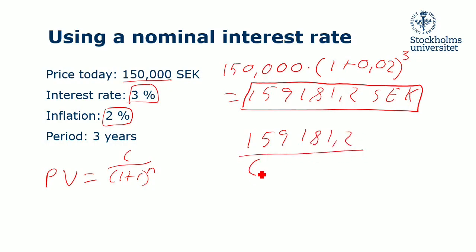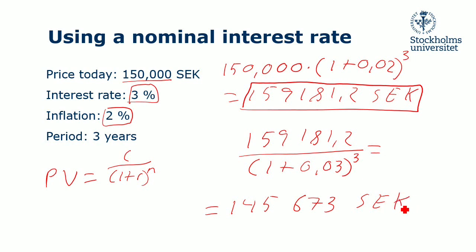And we divide it by 1 plus the interest rate, 3% in the bank, to the power of the number of years. Okay? If we enter this into our calculators, we find that this is equal to 145,673 SEK, if I ignore all the decimals.